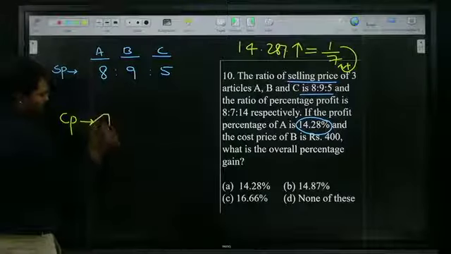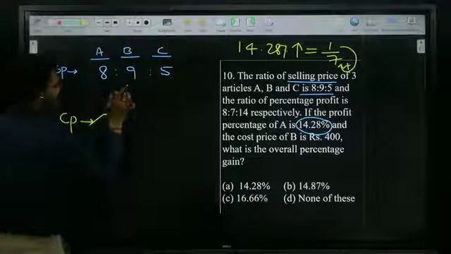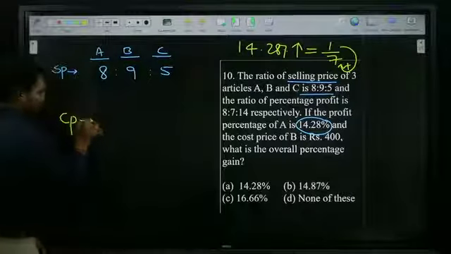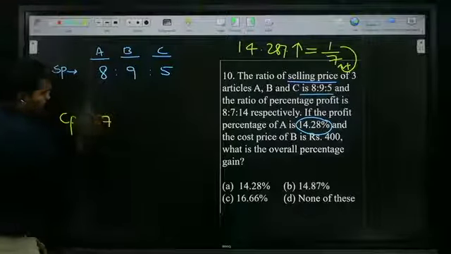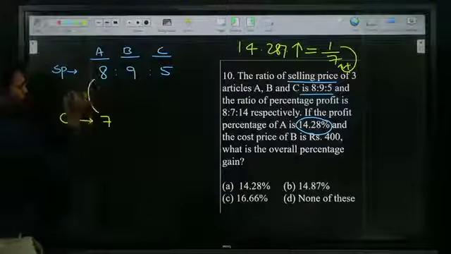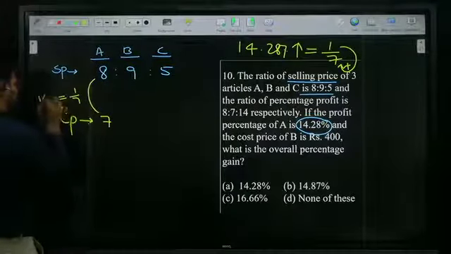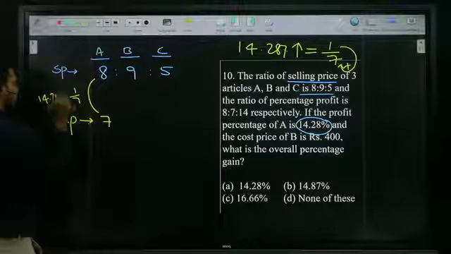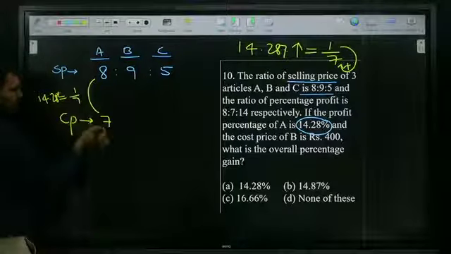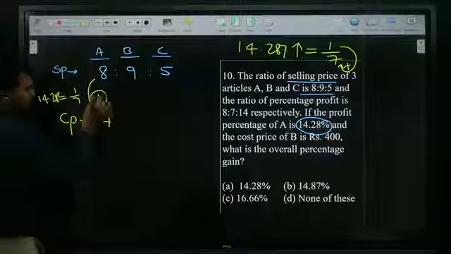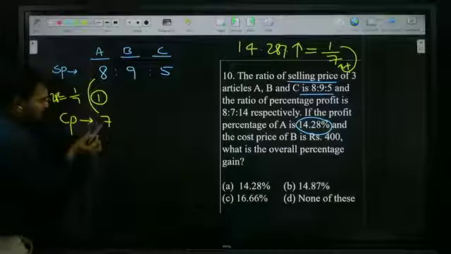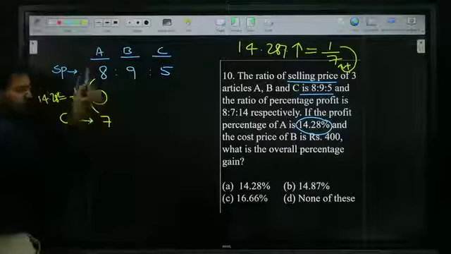If cost price is 7, 1 by 7 times of 7 is nothing but 1. This 1 is profit. Cost price is 7 parts, profit is 1 part, selling price is 8 parts.